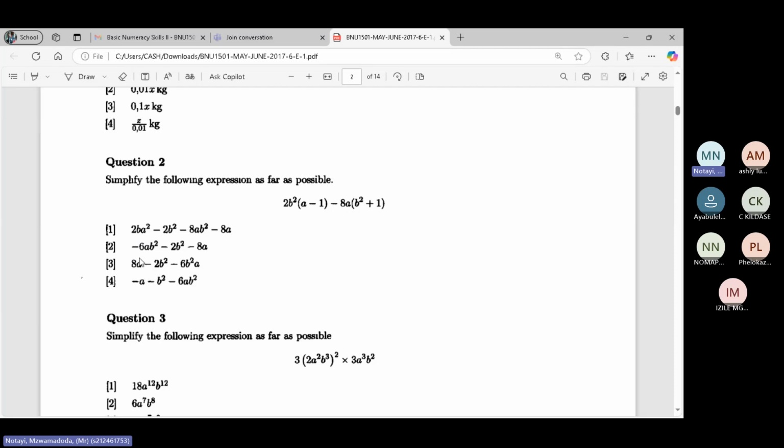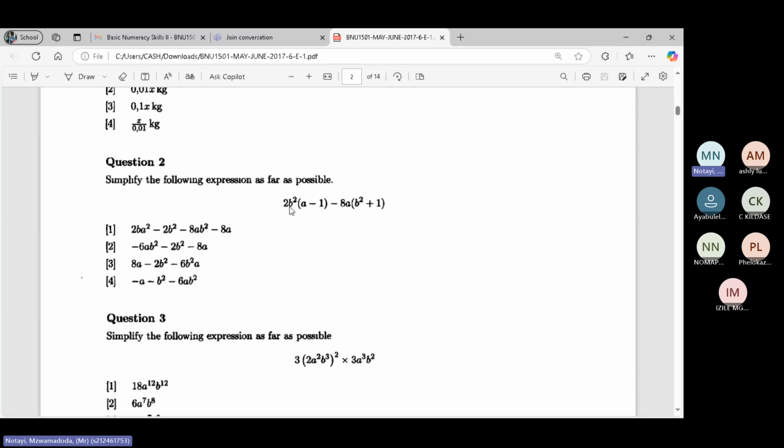The third one is out because the 8 is positive on it, and when I ran through, it was negative. And the first one is out because I don't have anything with an a squared. When I broke those brackets, I didn't get anything that has 8a squared.